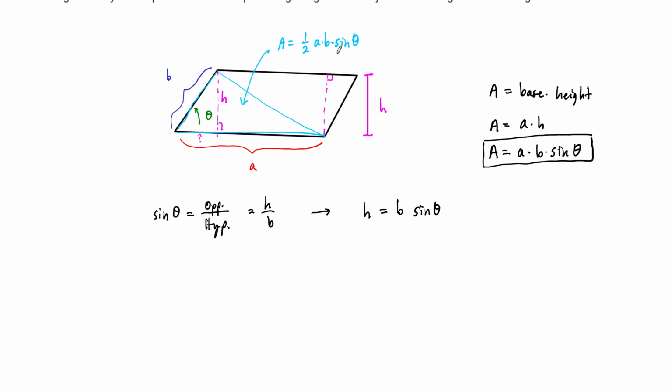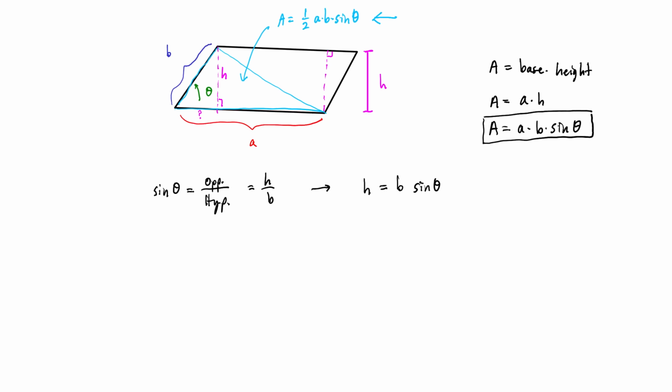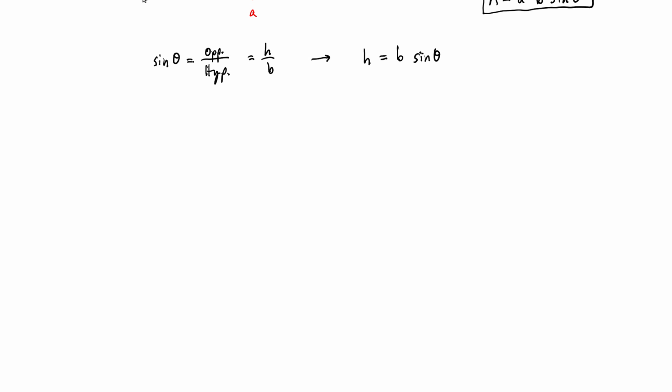Look at these formulas. They're so similar. This one is just twice that, and why is that? Well, look over here. There's another copy of that triangle. So this parallelogram is built out of two congruent triangles, each of which has this same formula for the area.